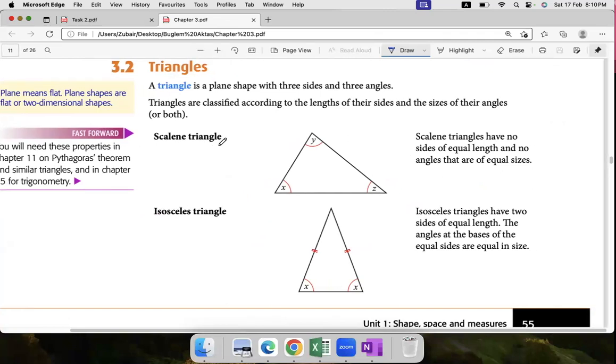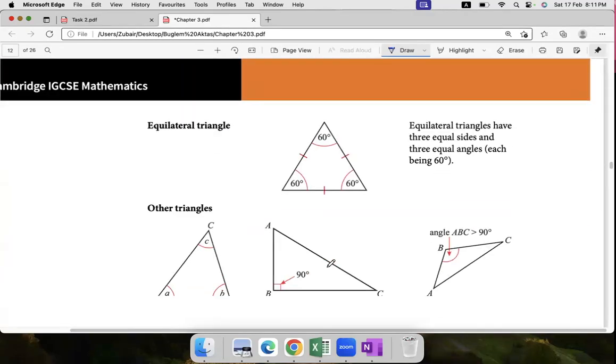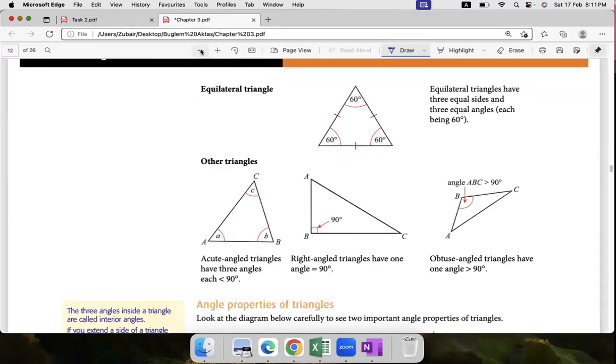Okay, few more names and few more properties. Scalene triangle is the one having three different sizes of angles and three different lengths. Isosceles has two equal angles and two equal sides, which are opposite to the equal angles. Equilateral is the one having all three sides equal and all three angles equal.